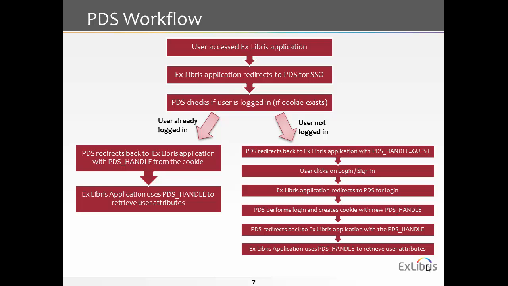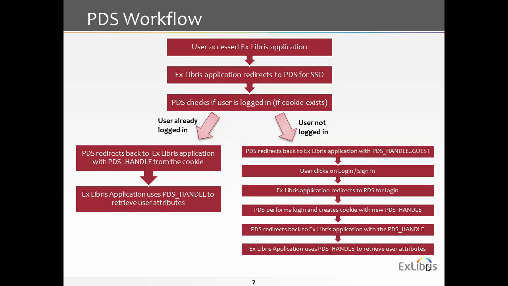Okay, so let's see the general workflow of PDS. It starts with the user accessing the main Ex Libris application. For instance, they access Primo. And then Primo wants to see if that user is already logged in in order to retrieve information about the user.